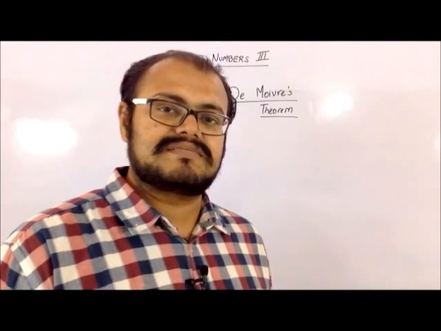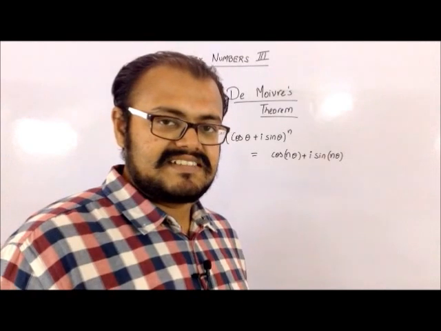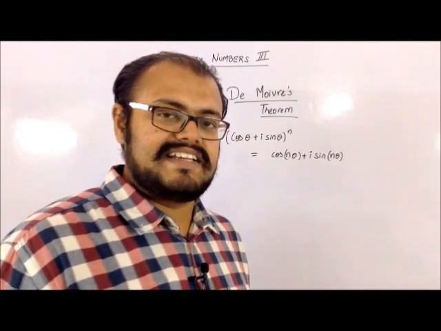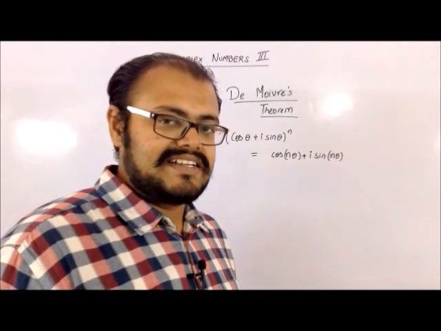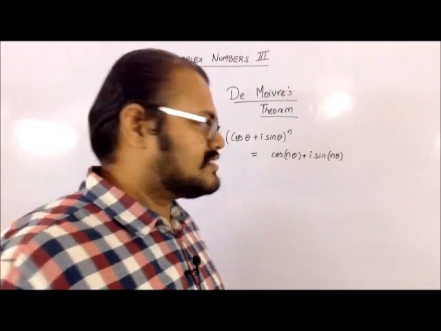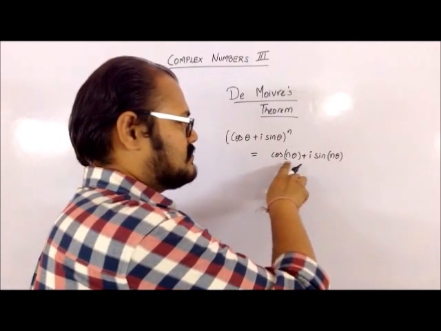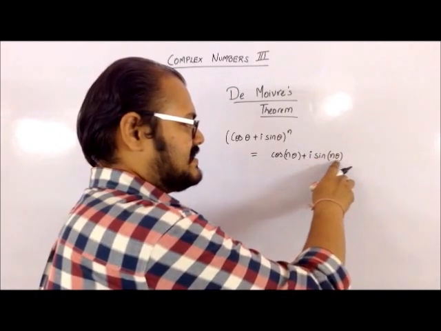So this is the very first topic which comes in your engineering level in complex numbers, which is called De Moivre's theorem. Now De Moivre's theorem states that if I have a complex number cos theta plus i sin theta and that number is raised to n, then I get a relation like this, which is cos of n theta plus i sin n theta.